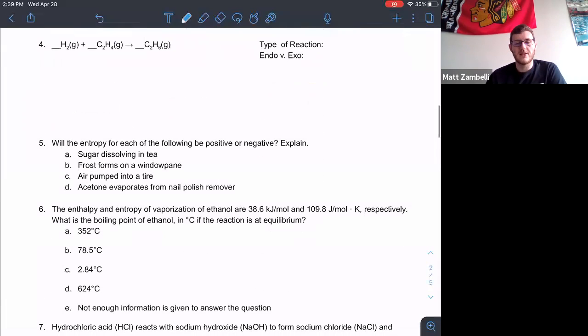Then down here, there are just a couple of things I just want to reiterate. Units, kilojoules and joules do not match. Make sure your units are matching. The other thing, when your entropy value gives you joules per mole Kelvin, but the problem asks for degrees Celsius, remember that Kelvin is equal to degrees Celsius plus 273.